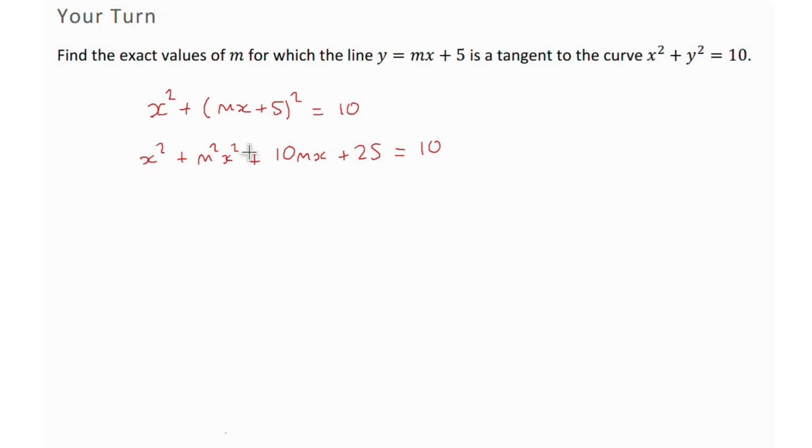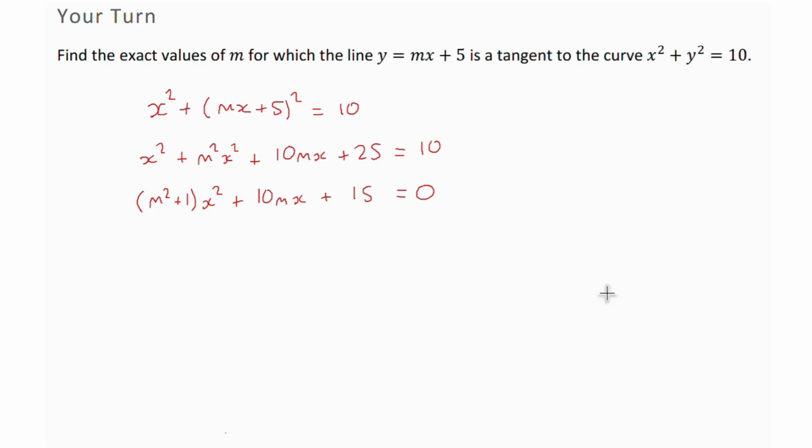Now this has got x squareds in it, it's a quadratic equation. I'm going to rearrange it slightly. Combining these x squared terms, I've got (m squared plus 1) times x squared plus 10m times x plus 15 is equal to 0.